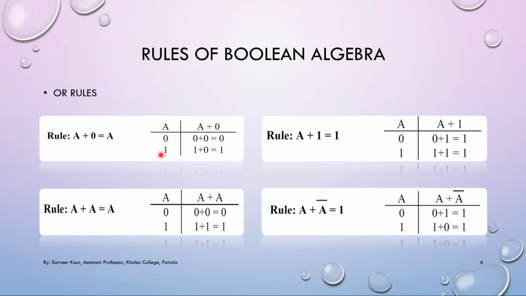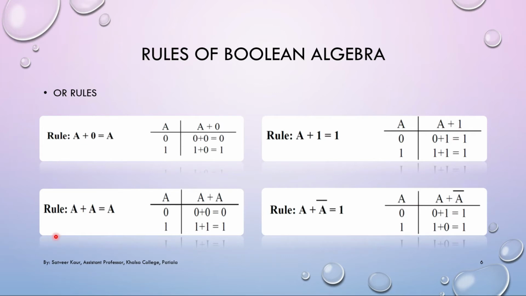The second rule is A plus 1 equals 1. That means A or 1 will always be equal to 1. A can be either 0 or 1. In both cases, the value of A or 1 will be equal to 1.